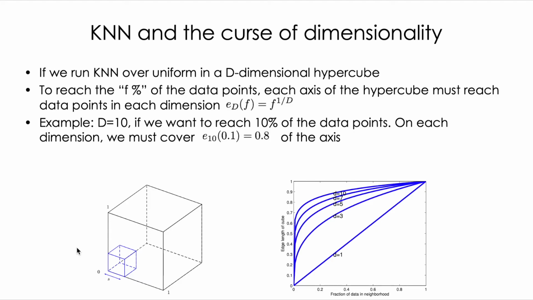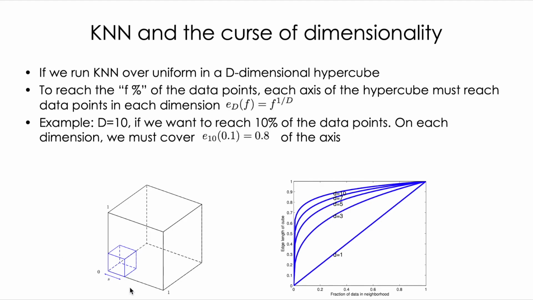Well, that intuition is wrong. Actually, that only works for one dimension. If we have one-dimensional data, then in order to grab 50% of the uniform points that live within that dimension, we need to grow a blue line that exactly matches half of the size of the black line here.